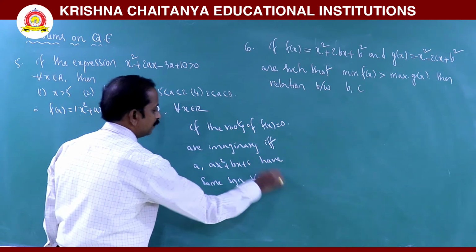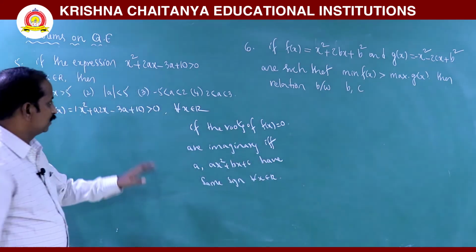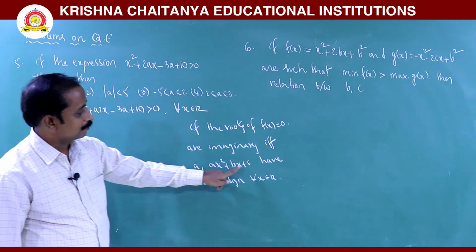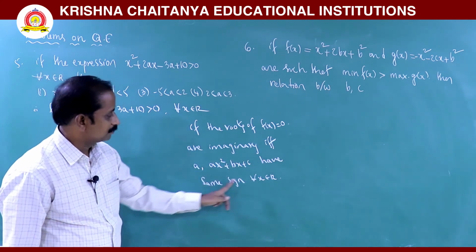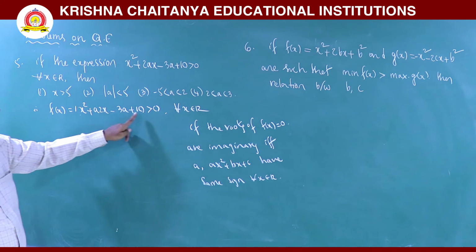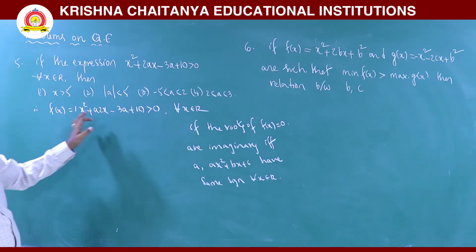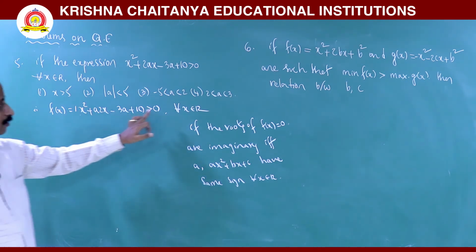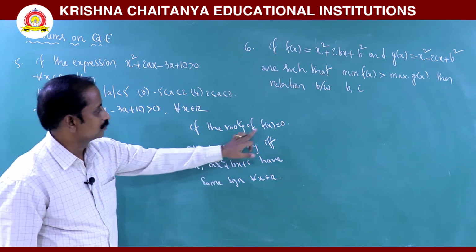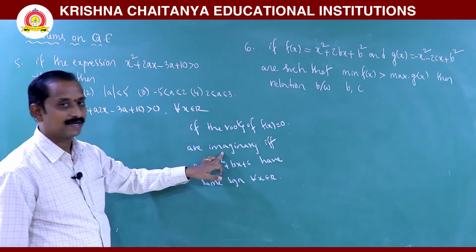This is basic. Now here the problem is like that, a and ax square plus bx plus c have the same sign for all x belongs to R. A is 1, positive, ax square plus bx plus c also positive, means they are having the same sign for all x belongs to R. When it is possible, the roots of f of x are imaginary.